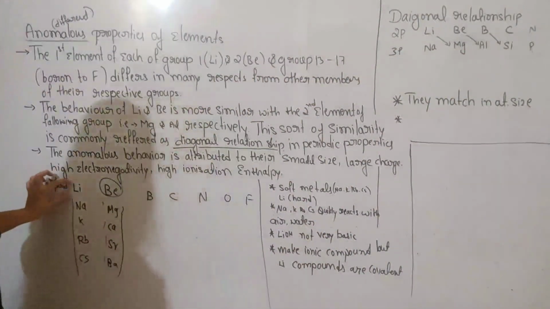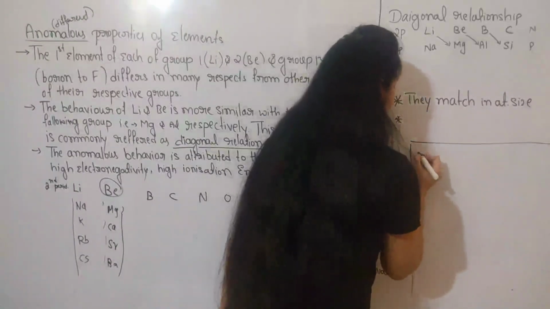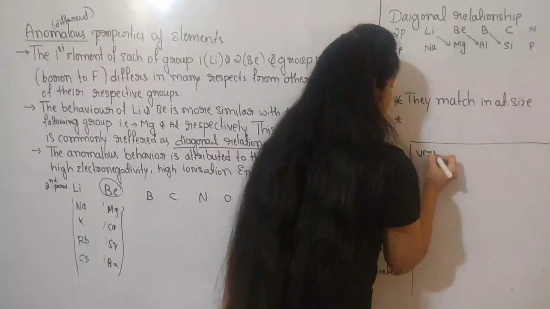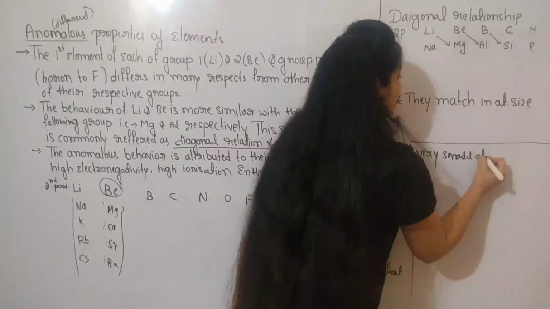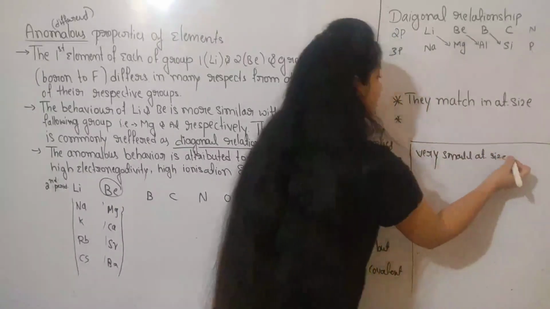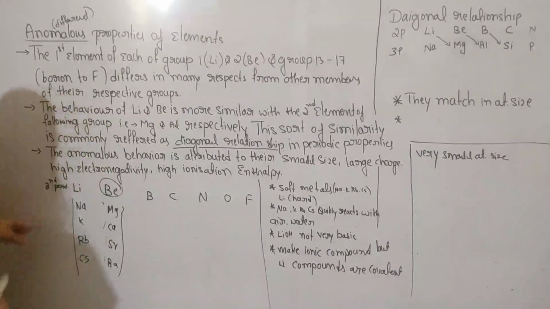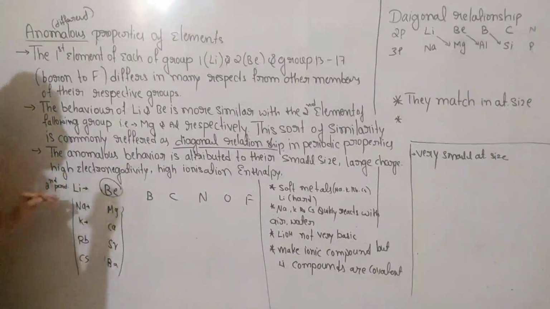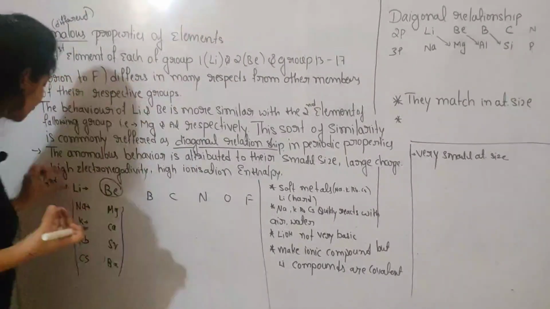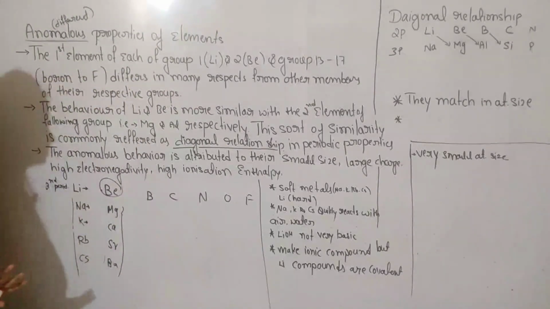The second period elements have a very small atomic size compared to the rest of the elements. Lithium has a very small atomic size compared to sodium, potassium, rubidium and cesium.